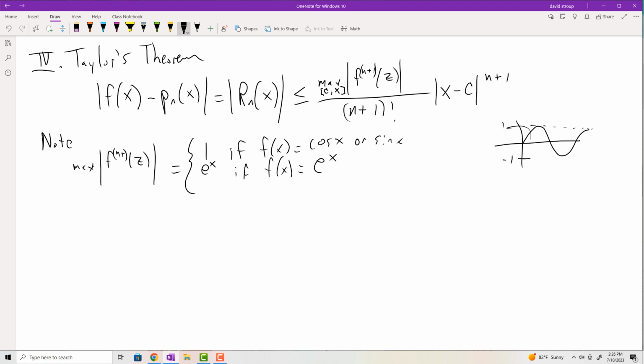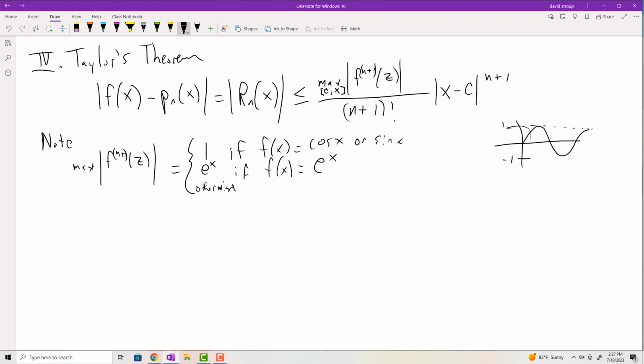And what else? If it's something else, there's going to be some work. Otherwise, you may be tasked with figuring out how to maximize this n plus first derivative on this interval.